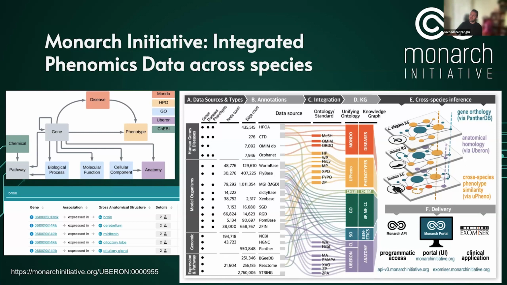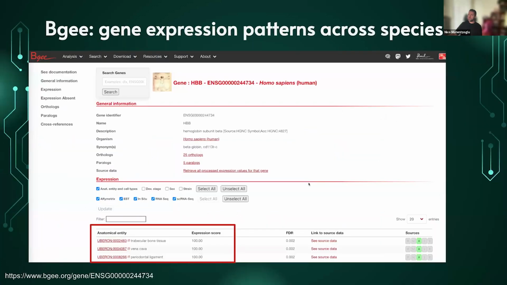And these kinds of integrated knowledge graphs allow us to group data across a lot of different resources. You can search for terms like Uberon terms and find data related to those Uberon terms, similar to the other resources as well. Bgee is a big user of these composite files that Damien described before.